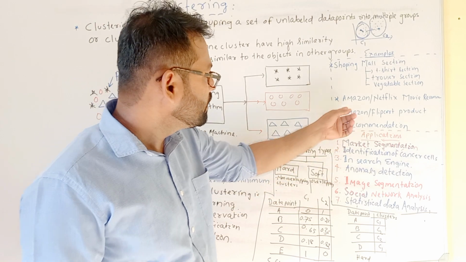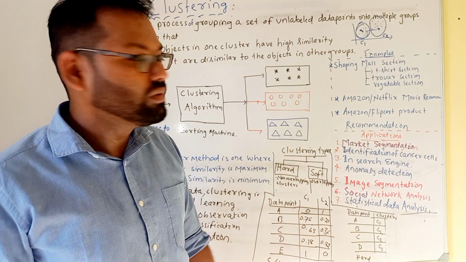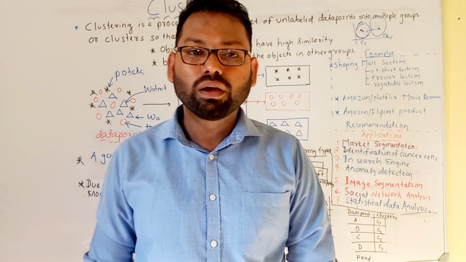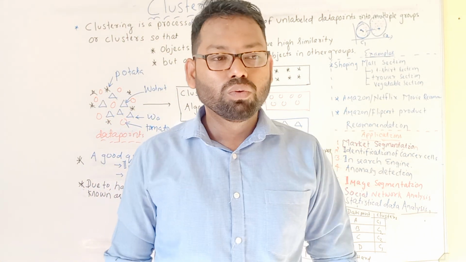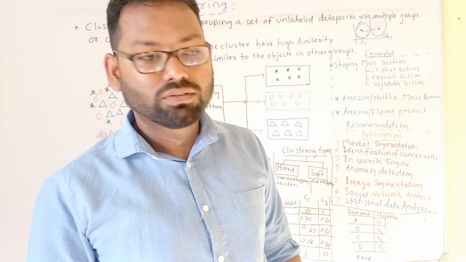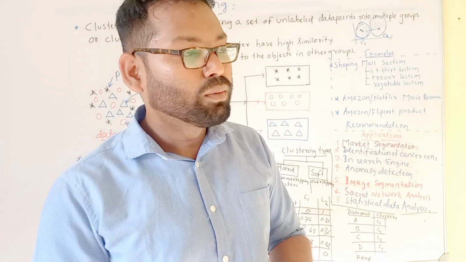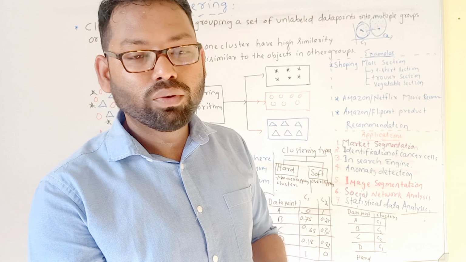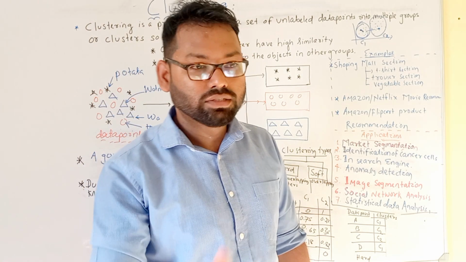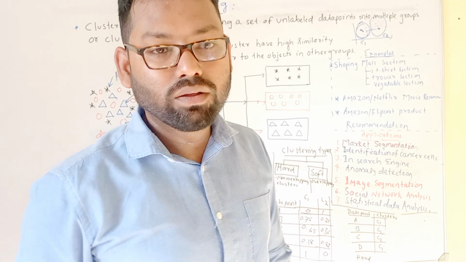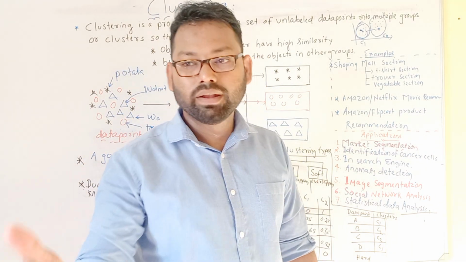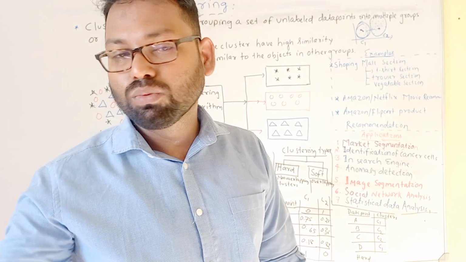Another example of clustering you will find in Amazon or Netflix movie recommendation. For example, if you have watched some movies, according to your watching pattern, it learns what kind of movies you like. If you like action movies, when you open the recommendations, it will recommend you to watch the same kind of action movies next. Netflix does the same thing: you have watched this movie, so you should watch that kind of movie.